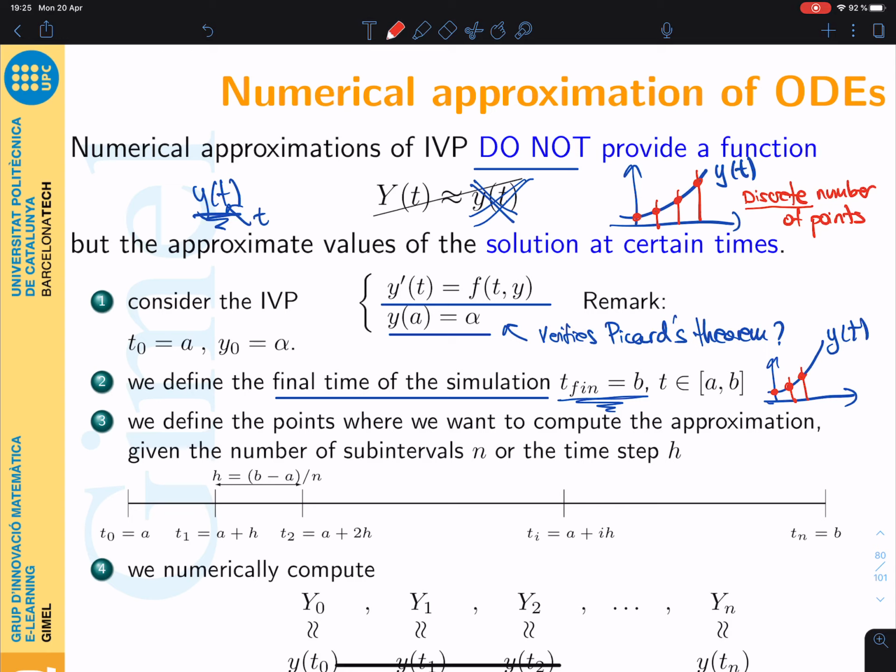First I will find this point, then from that point I will approximate the next point, and so on. So I need to tell the method when to stop. This is given by the final time of the simulation that we will call b, for example. And a will be the initial time of the simulation, which is the time where the initial condition is given. Normally 0, but we will keep the general notation a.